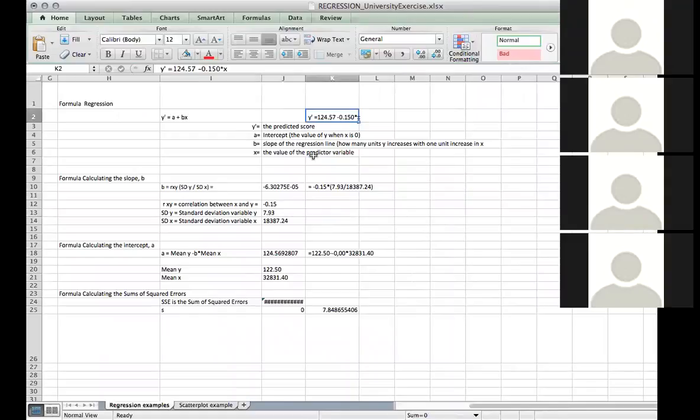You guys got to speak up, right? I punched in the minus 0.15, which is the correlation, but we don't want the correlation, we want the beta. So the beta is this here, basically a negative 0.00 something. It's a very small number, in scientific notation.